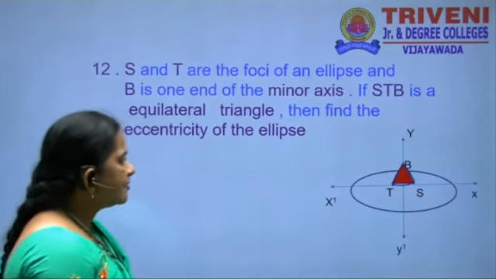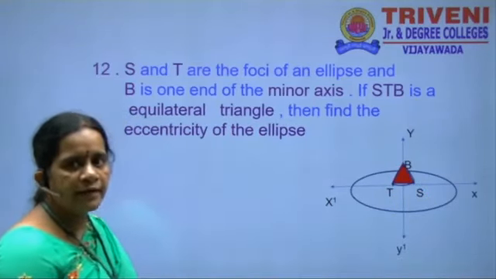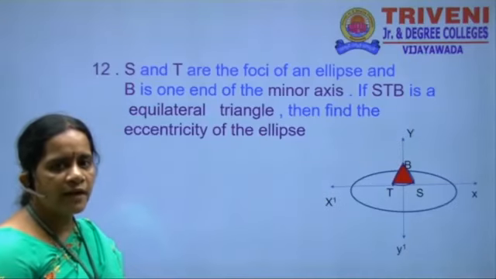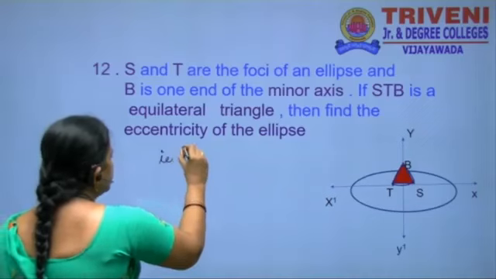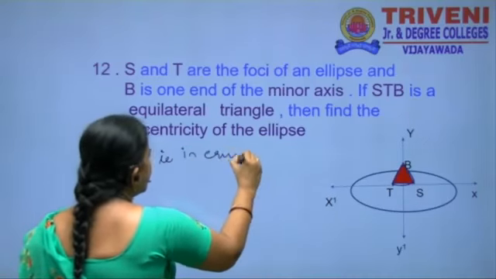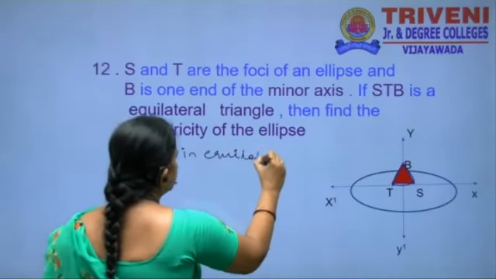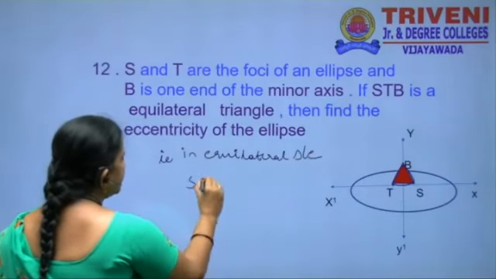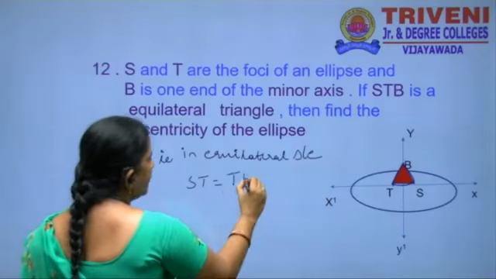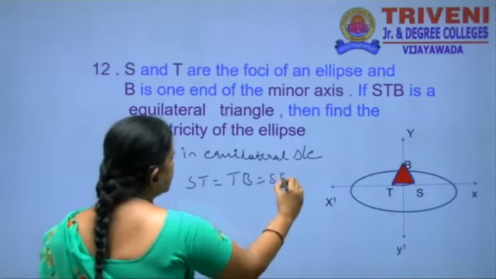In an equilateral triangle, all sides are equal. That is, ST is equal to TB is equal to SB.